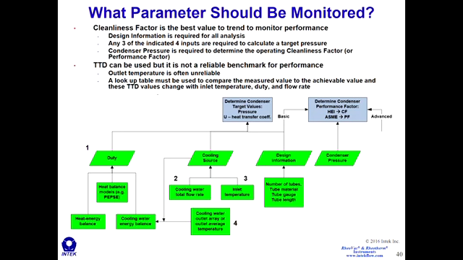And these TTD values change with inlet temperature, duty, and flow rate. So if these things are changing on you, then you need a lookup table to figure out if the TTD has deviated from the achievable value or not. So the cleanliness factor is really just a much better way to troubleshoot your measurements as well as monitor performance over time.